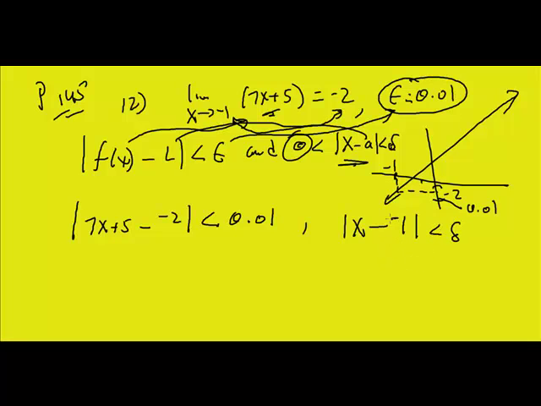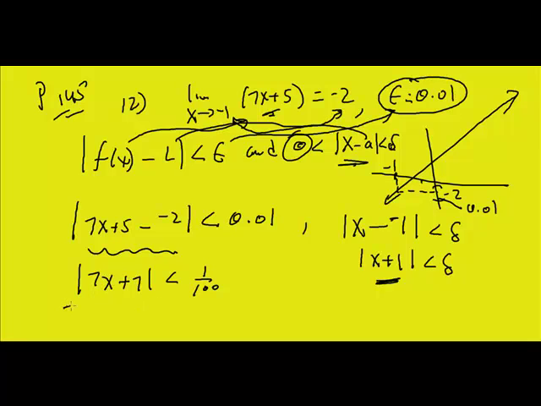Okay, let's clean this up. This is really the absolute value of x plus 1 is less than delta. So I have to make this look like that, then I can determine what my delta relationship is with the epsilon. Let's clean this up. I'm going to get the absolute value of 7x plus 7 less than, let's just make 0.01 into 1 over 100, because that's easier to work with fractions.